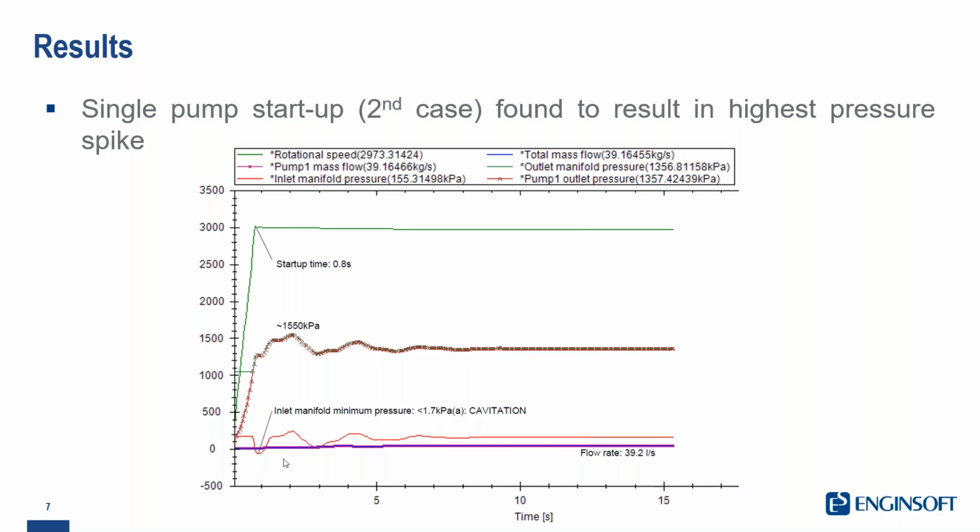At the same time, you have cavitation. At the intake part of the system, you have a pressure that is below the saturation pressure of the water. So you have cavitation. That's why you have to avoid this situation, both the pressure peak and the lowest pressure in the intake manifold.